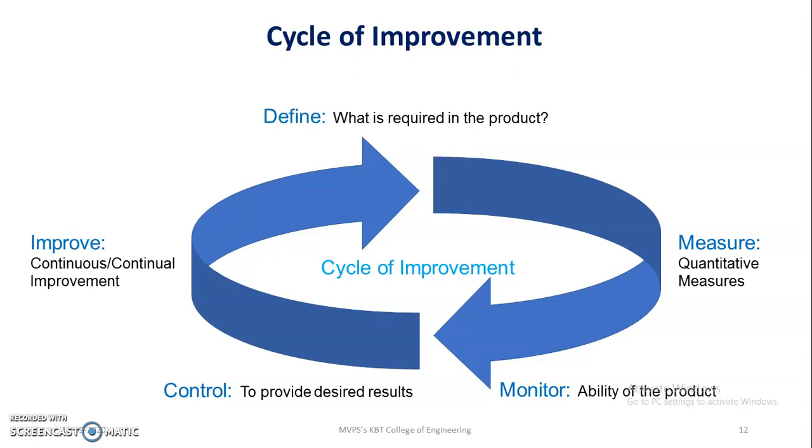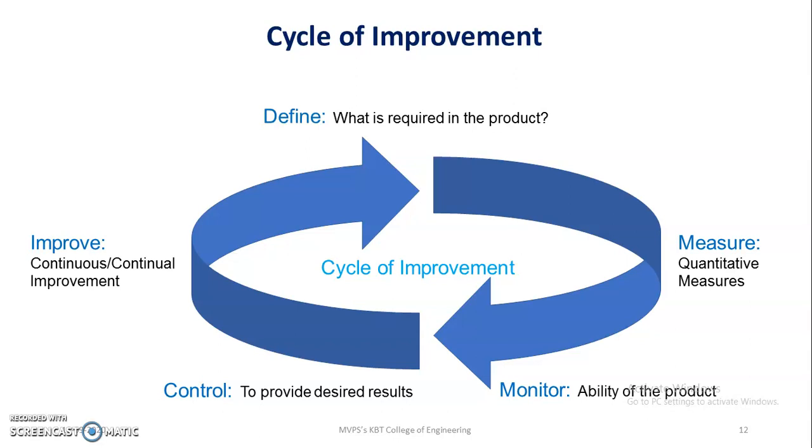There must be some mechanism available with the manufacturer to monitor the process used in developing, testing and delivering a product to a customer, and their outcome, that is the attributes of a product produced using this process, to ensure that customer satisfaction is incorporated in the deliverables given to the customer. So the monitor stage of the cycle of improvement focuses on the ability of the product.